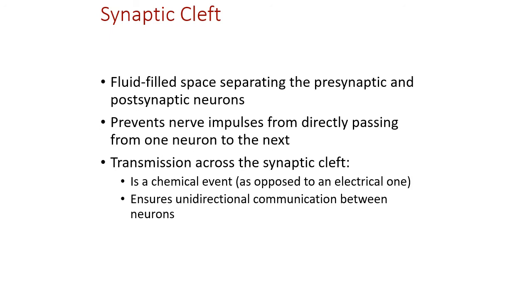So we're going to have a little bit of a space there with fluid, extracellular fluid that fills that space. That's going to allow for that neurotransmitter to cross across the synapse itself. And so this is a chemical process. We're going to have our neurotransmitter move across the synapse, bind to a receptor, and then do something to that postsynaptic cell.